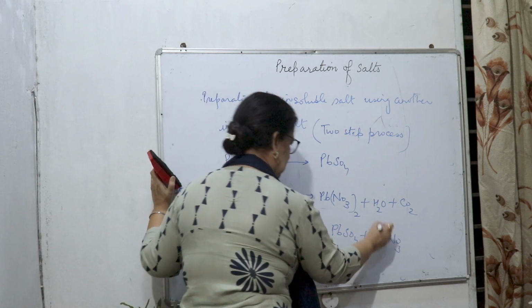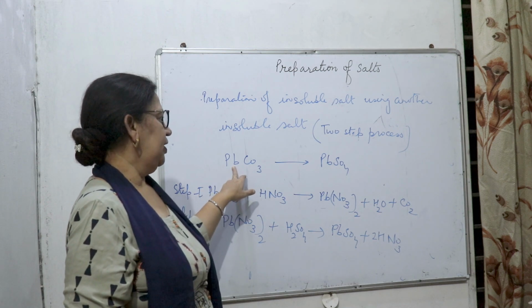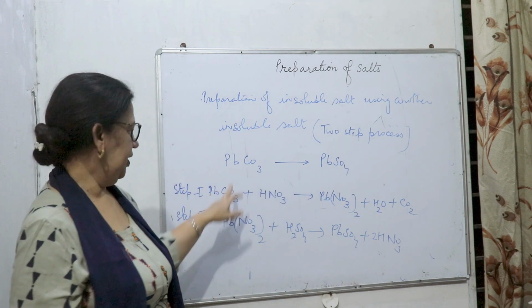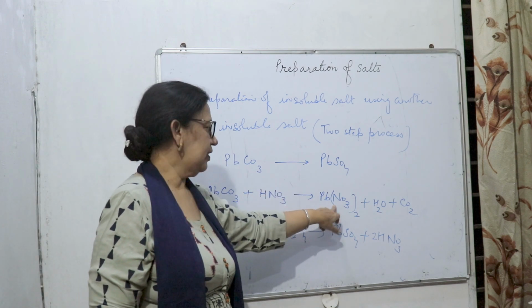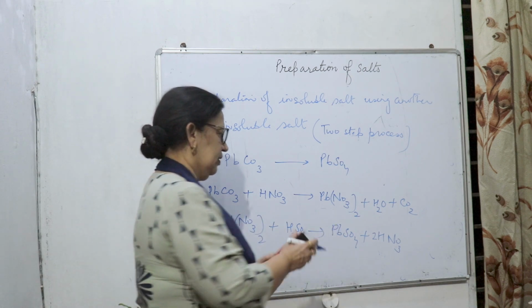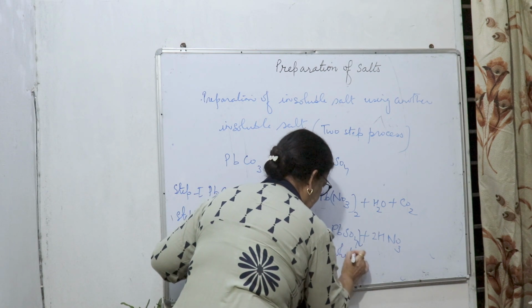So we have prepared lead sulfate from lead carbonate. We converted lead carbonate into soluble salt, that is lead nitrate, and from the lead nitrate we have prepared the lead sulfate which has a white PPT.